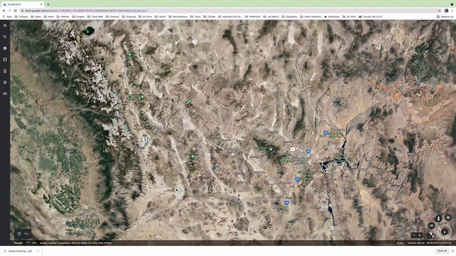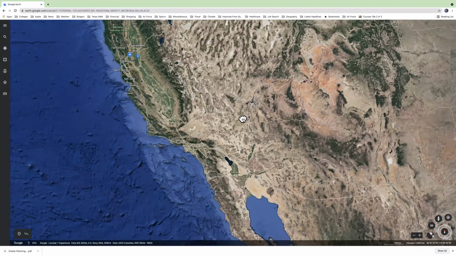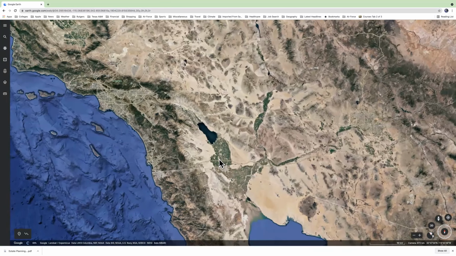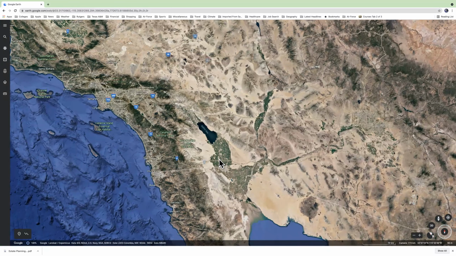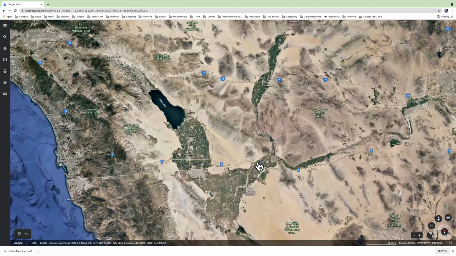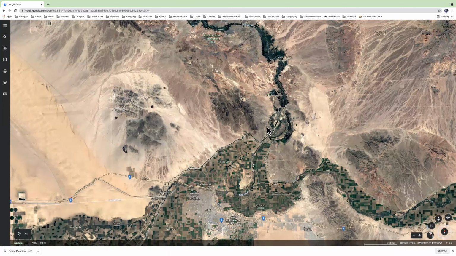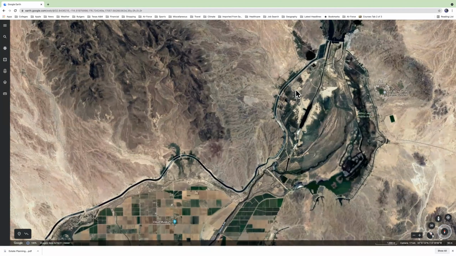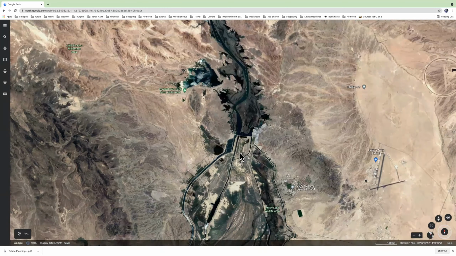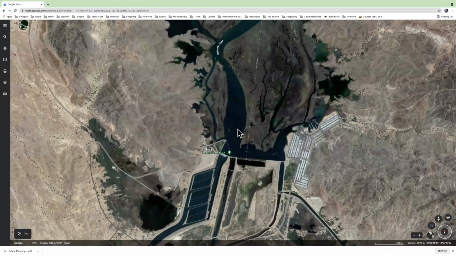Looking at it from a much larger scale, this is the Imperial Valley of California. This is water. So here's the Colorado River, which is dammed up about 15 times along its route. If you zoom in and look a little closer, you will see right about here there are water diversion channels that have been established. Notice how they take the water from the river and divert it into this channel, that channel, and this channel.